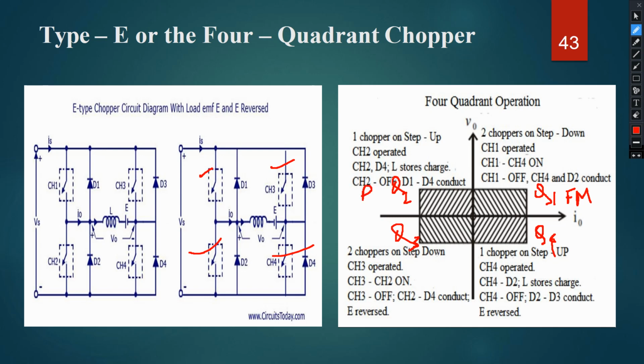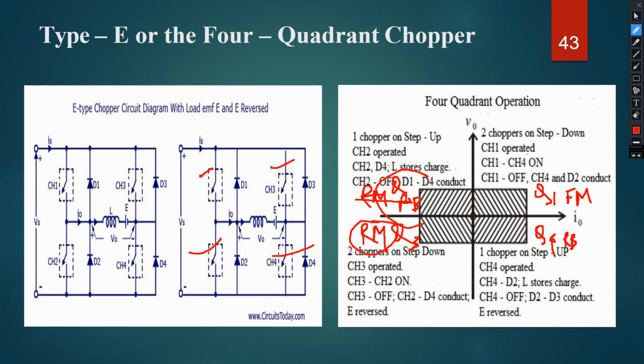In the 2nd quadrant, it is known as reverse motoring. Sorry, it is known as forward braking, FB. The third quadrant is called reverse motoring, and the fourth quadrant is called reverse braking. So diagonally they are becoming, if this is forward motoring in Q1, in Q3 it is reverse motoring.